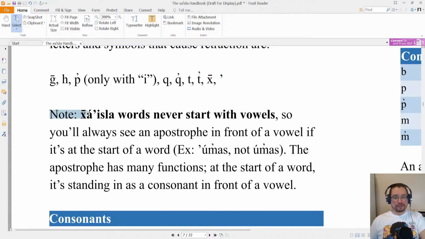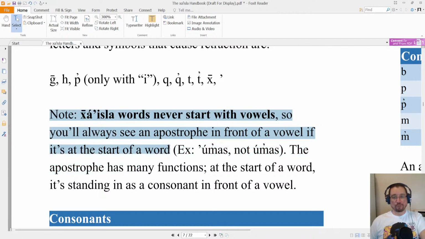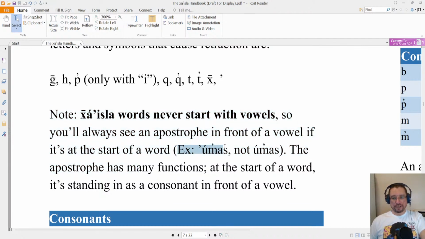Another note here: xa'isla words never start with vowels. So you'll always see an apostrophe in front of a vowel if it's at the start of a word. An example here is oatmus. You notice it starts with an apostrophe. The apostrophe comes first, and then the letter U comes afterwards.